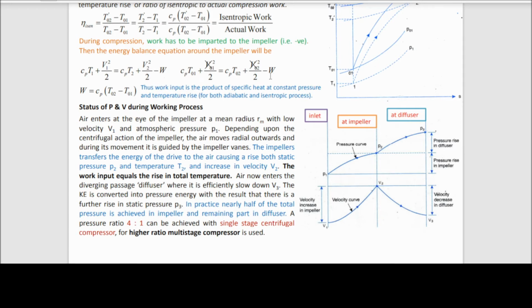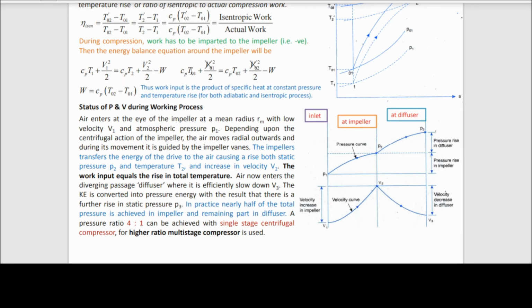Now this W is equal to Cp (T02 minus T01). See, if I consider the stagnation properties, Cp T1 and Cp T2 will become Cp T01 and Cp T02, because this kinetic energy is converted to stagnation temperature instead of the static temperature.